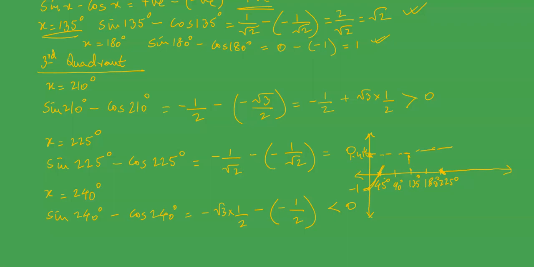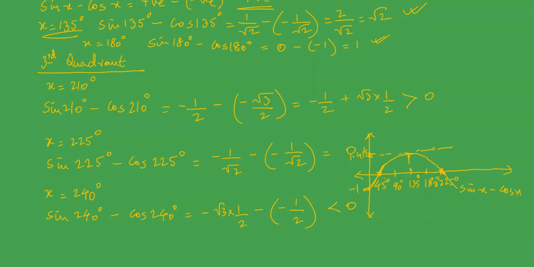Root 2 is an irrational number, so it will just continue. So the graph will be of this shape. So from 45 degrees to 225 degrees, both excluded, it will be above the x-axis, and then again it will be coming down. So this is the pattern of the sin x minus cos x curve.